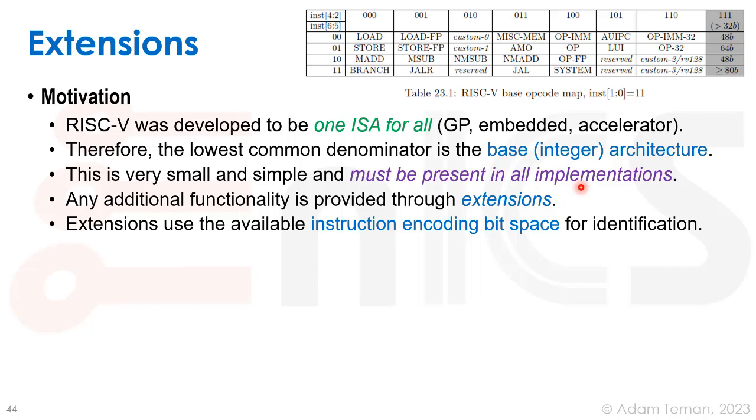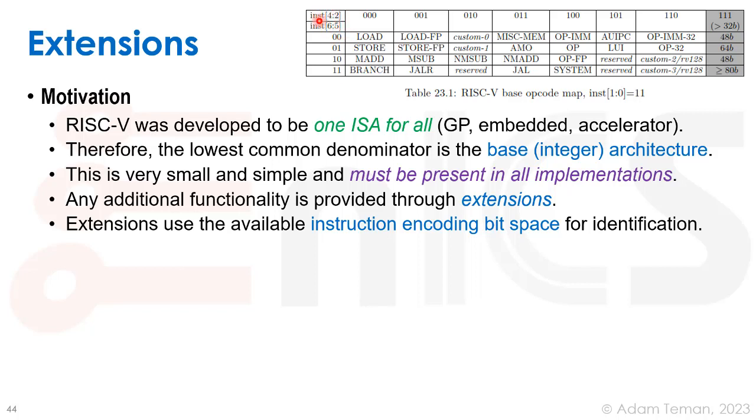But then if we want to do special or additional things, or make things stronger, or support high performance computing, then we will add functionality through what we call extensions. And there's a lot of instruction encoding bit space that has been set apart in order to do this type of extension. In fact, we can make things like variable length instructions and so forth.